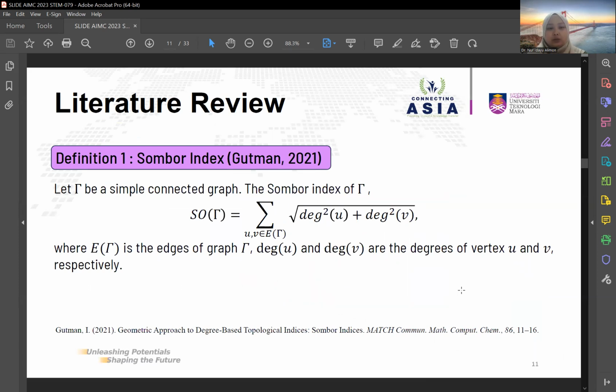So definition 1, Sombor index. The Sombor index of a graph is equal to the summation over uv in the edge set of gamma of the square root of degree squared u plus degree squared v. U and v must be adjacent to each other. Adjacent means the vertices are connected to each other.